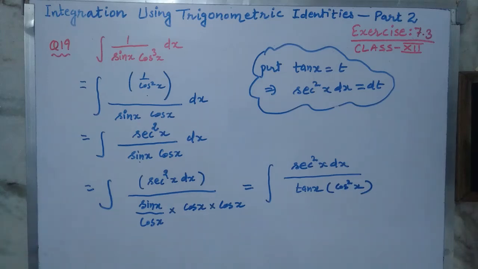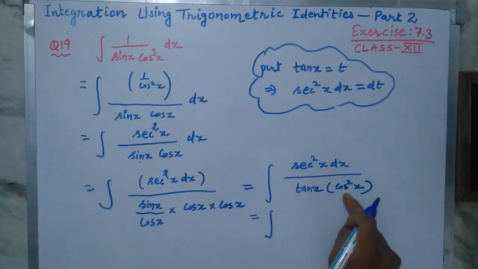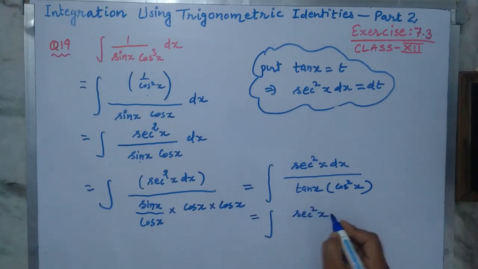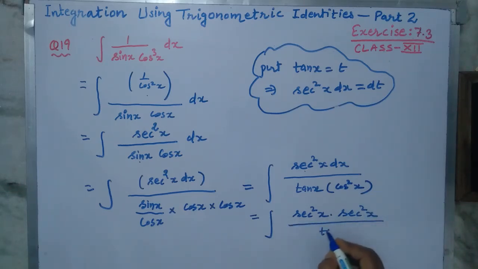Okay, so this way we have now again 1 upon cos square x, this will become secant square x, already this was secant square x upon tangent of x into dx. So now what to do? Put here tangent x equal to t.